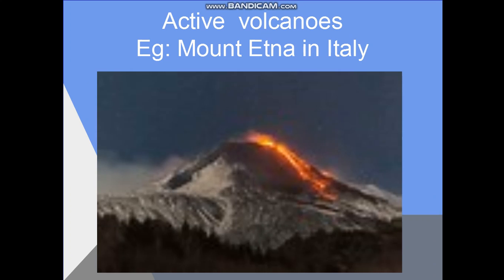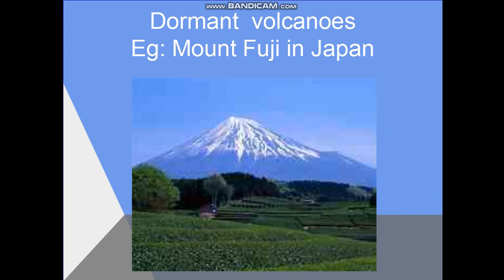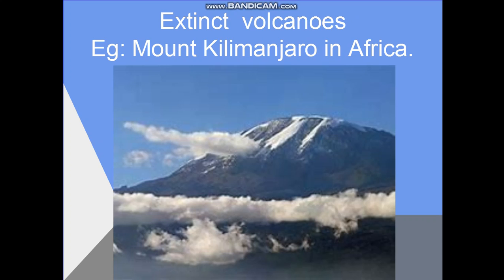Active volcanoes can erupt anytime. Dormant volcanoes, like Mount Fuji in Japan, do not erupt frequently. After 2 or 3 years they stay silent and then again suddenly they erupt. Extinct volcanoes like Mount Kilimanjaro in Africa are no more. They can no more erupt.